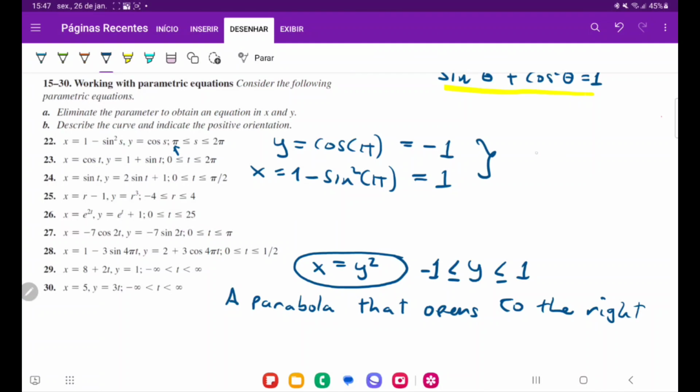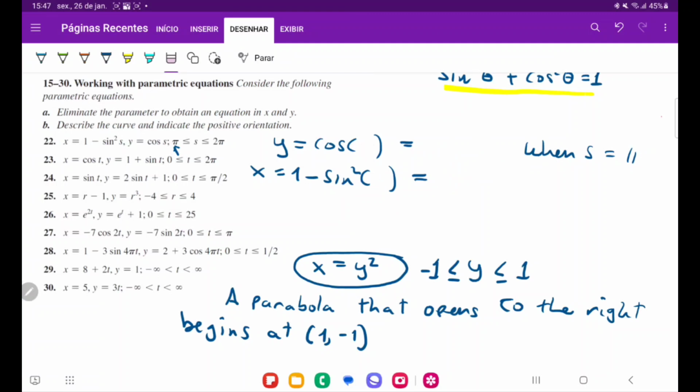So this is the starting point when s is equal to pi. The corresponding coordinate point is x equals 1 and y equals minus 1. So it begins at 1 comma minus 1.